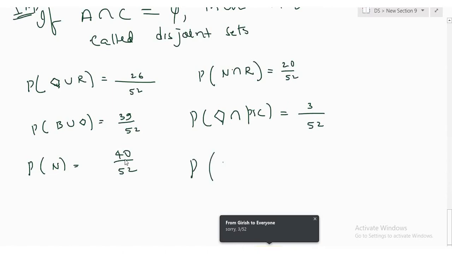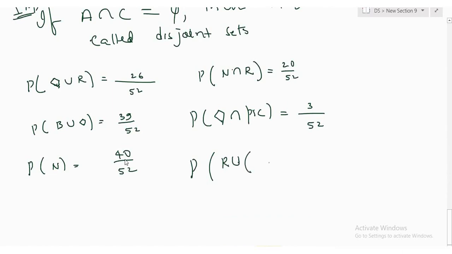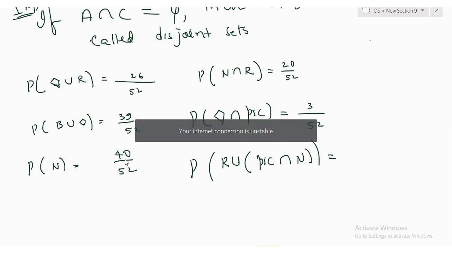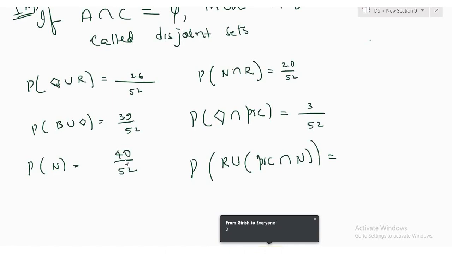Probability of a red card union picture card intersection number. Let's make it more complex. What is this, guys?